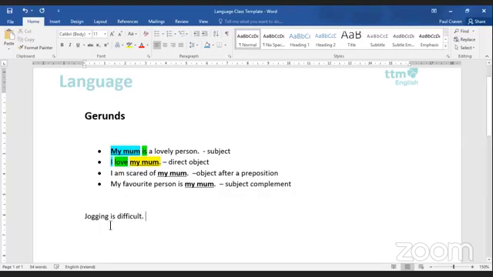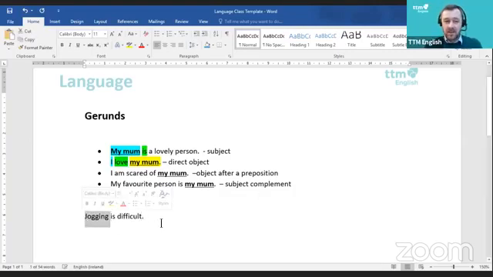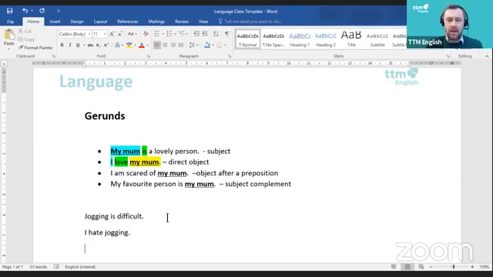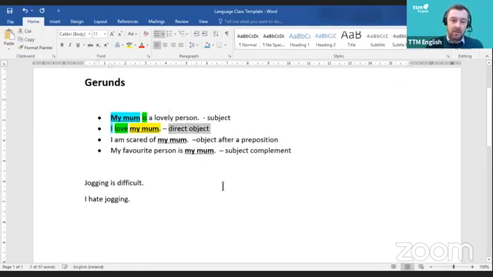In this case, jogging is the subject, isn't it? What about this? I hate jogging. So what's jogging now? Again, it's a noun. It's the direct object. So it's fulfilling the same role as my mum in these sentences. I am interested in jogging. What type of word is in? It's a preposition. And how about this?